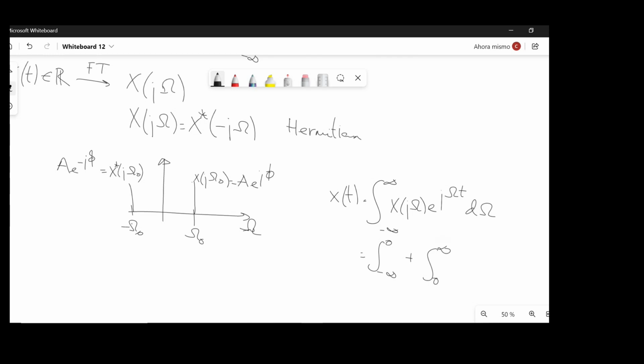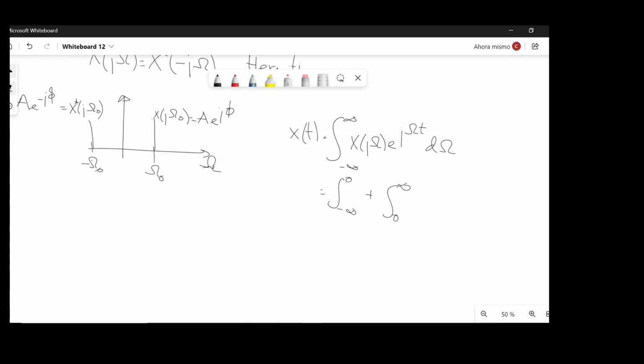For every point here, I have the equivalent in there. So what I can do is a simple integral only from 0 to infinity, but now I will exploit that property. I will use this one. For every amplitude that I have at the frequency omega, I have this phase.